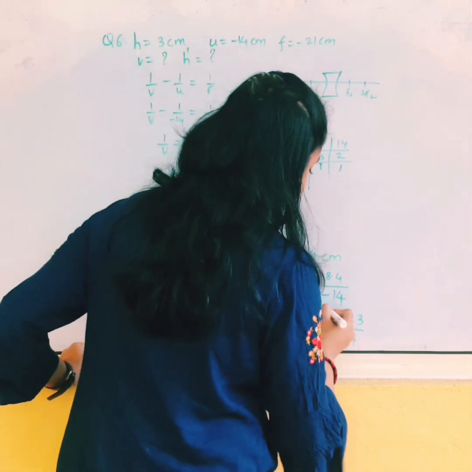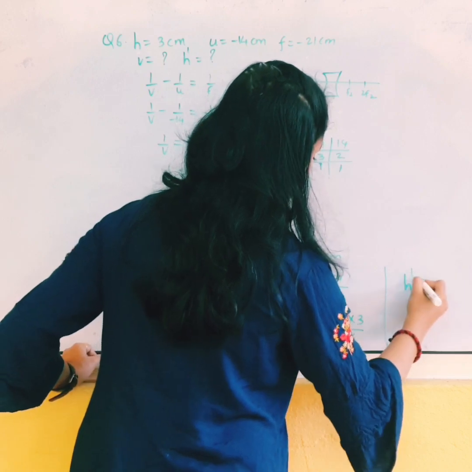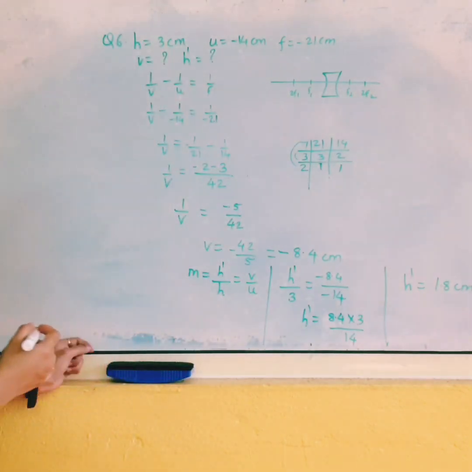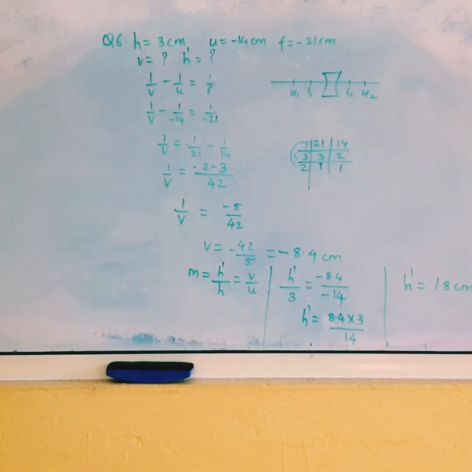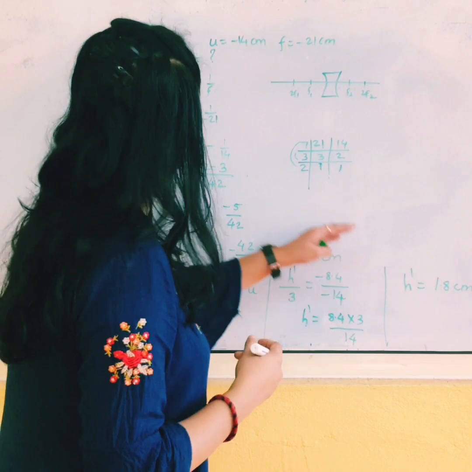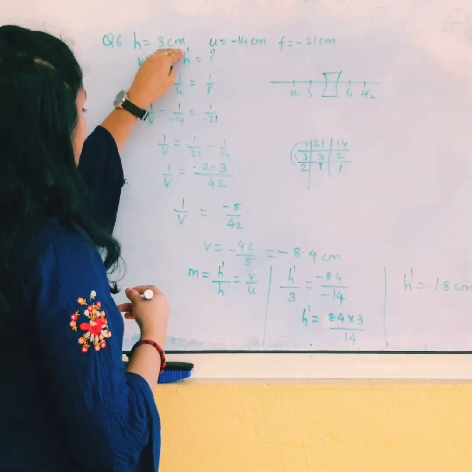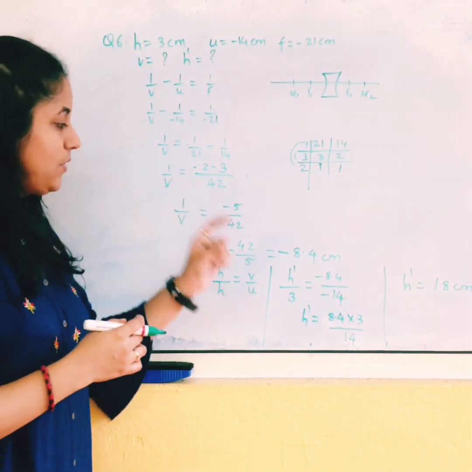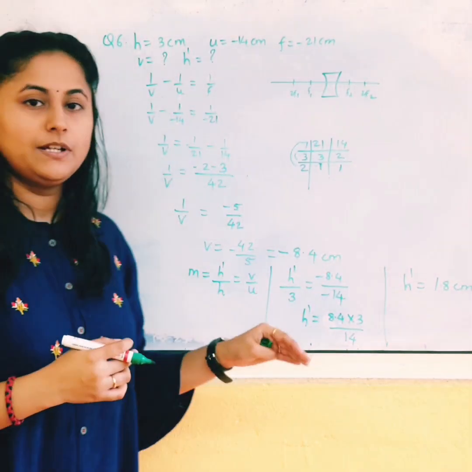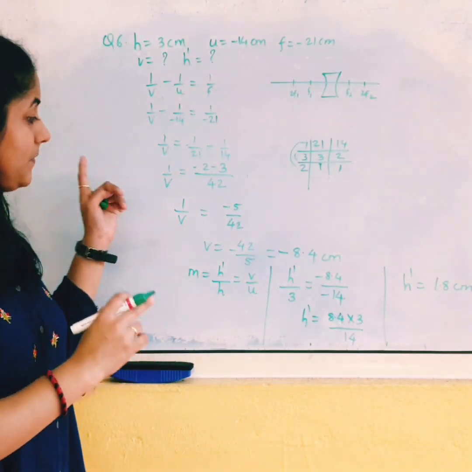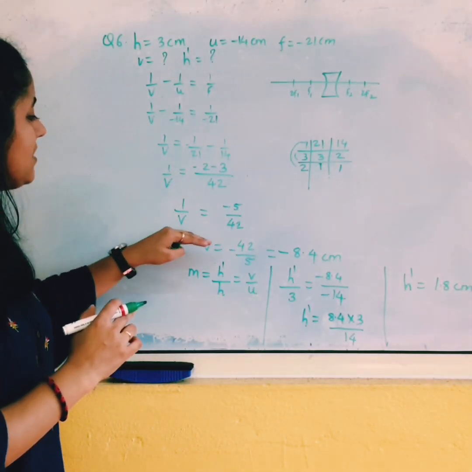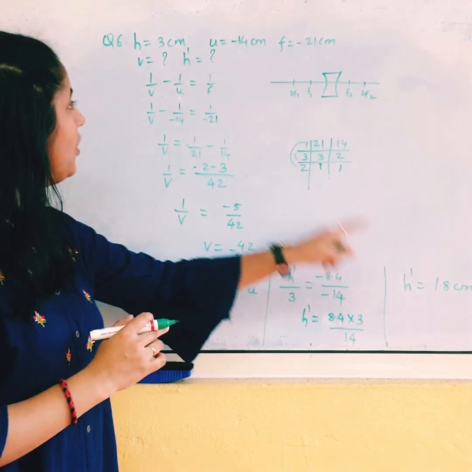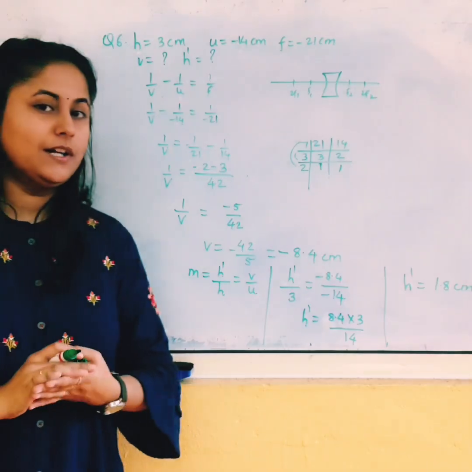So simplify these and you will get the answer as 1.8 centimeter. Now if you look, the size of the object was 3 centimeter, whereas the size of the image is 1.8 centimeter. So you can say that the image which is formed is smaller than the object. So first you write that the image formed is virtual and erect, and that it is smaller than the object. So that's your answer for question number 6.